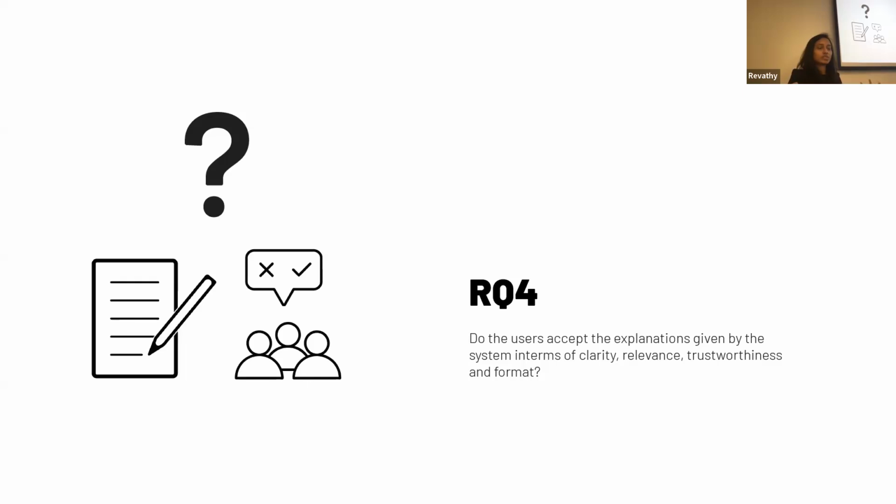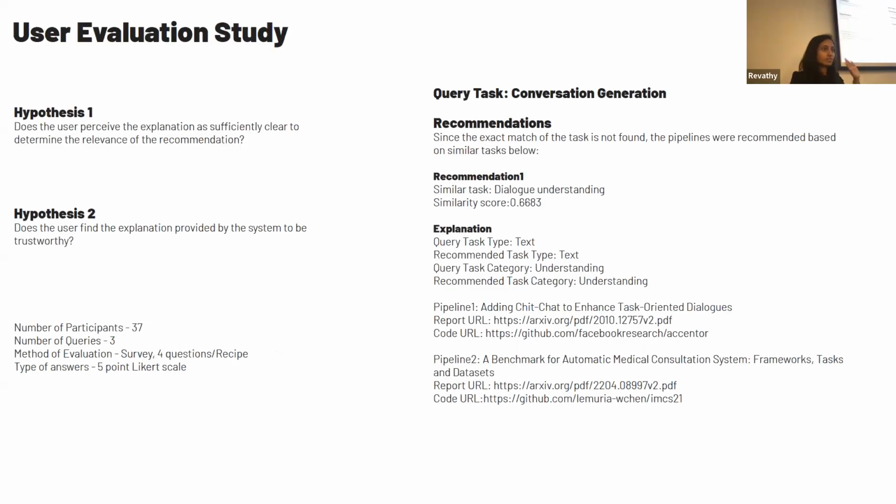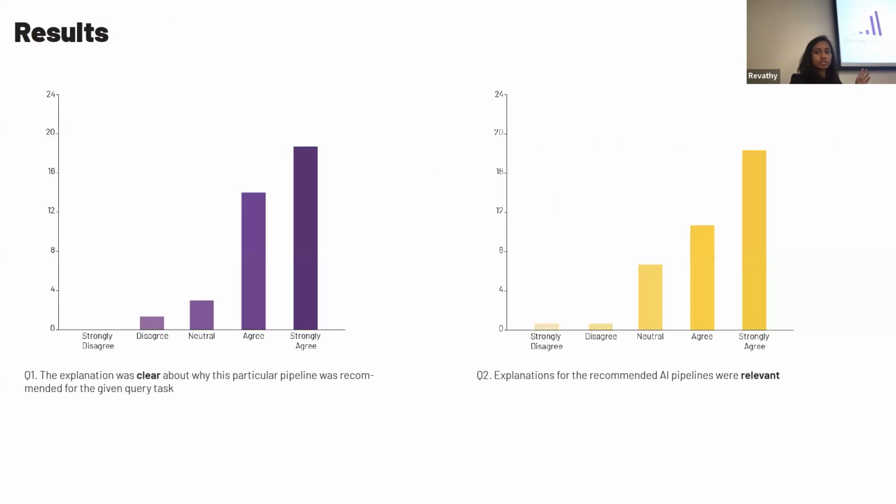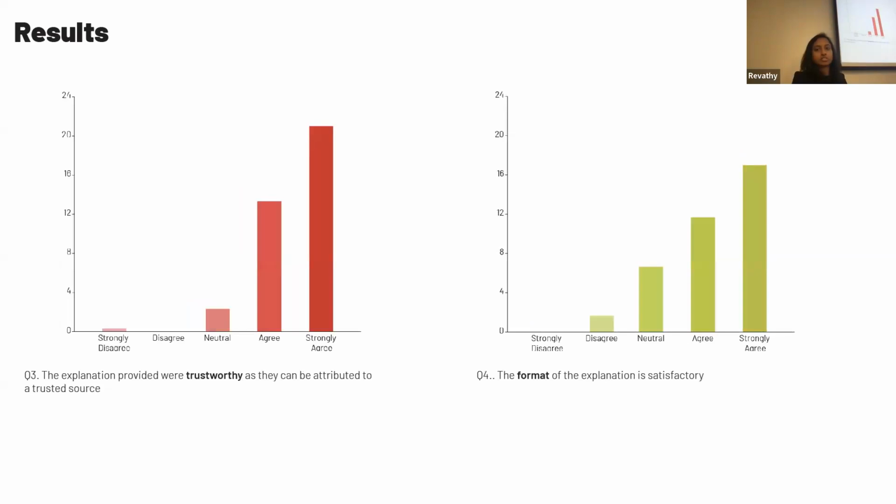Do the users accept the evaluation that we are giving? We conducted a very similar evaluation to the recipe domain to evaluate these 2 hypotheses on 4 metrics, clarity and relevance. And we can see that the graph is mostly on the right-hand side, meaning that most of the users found the explanations to be clear, relevant, trustworthy, and the format is also satisfactory.